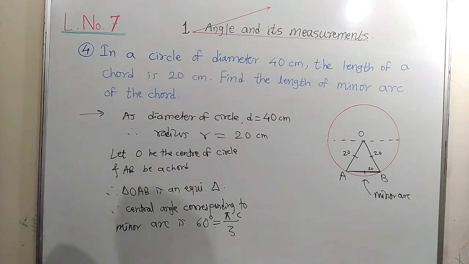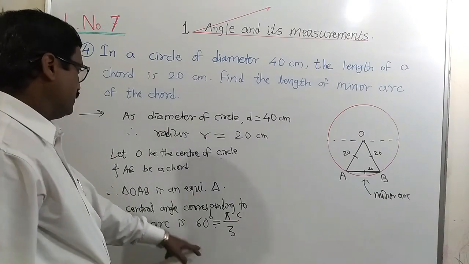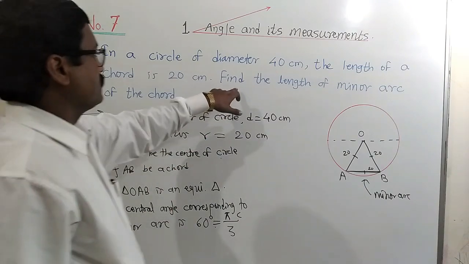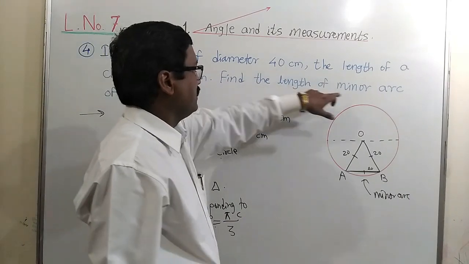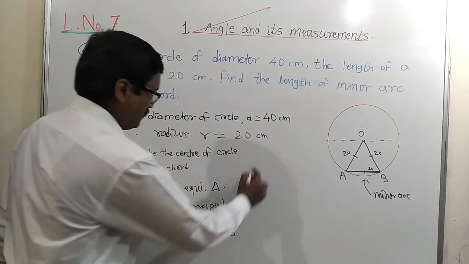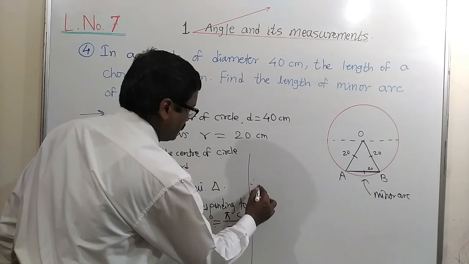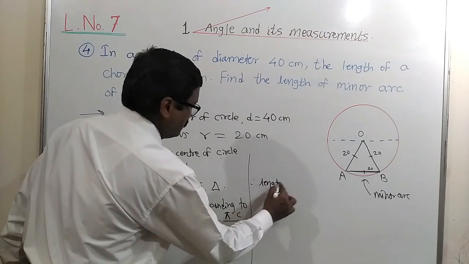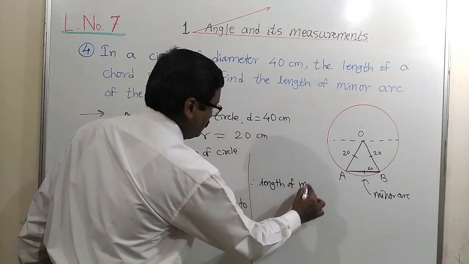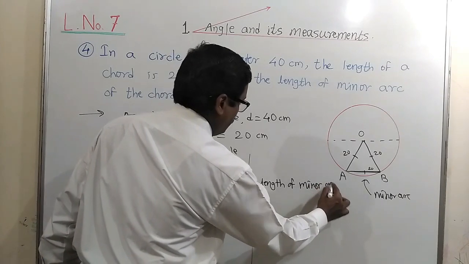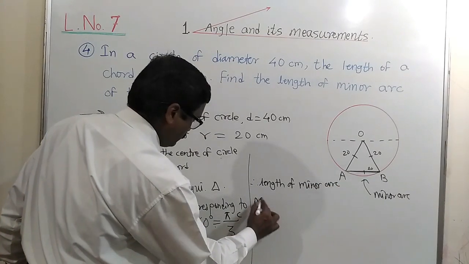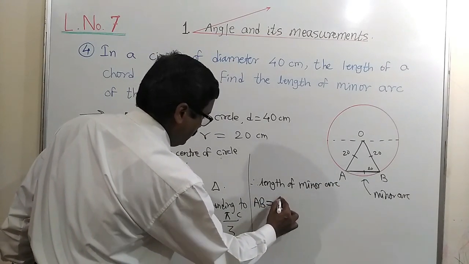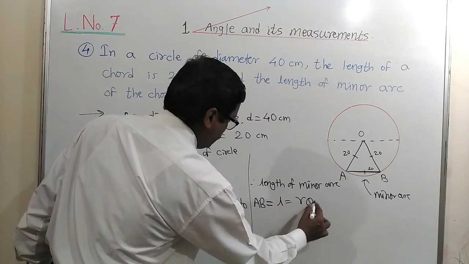Okay, so here now theta is pi by 3 radian, r is 20, and the question is asked to find the length of minor arc of the chord. Therefore, length of minor arc AB, that is equal to suppose L, that is equal to r theta.